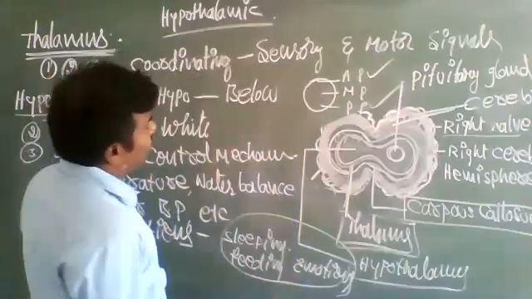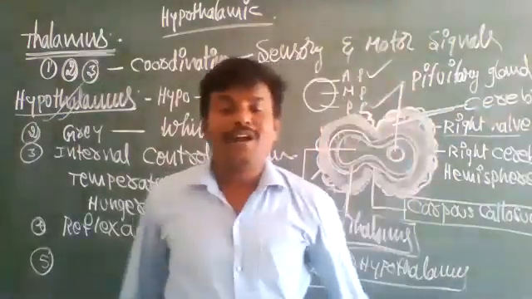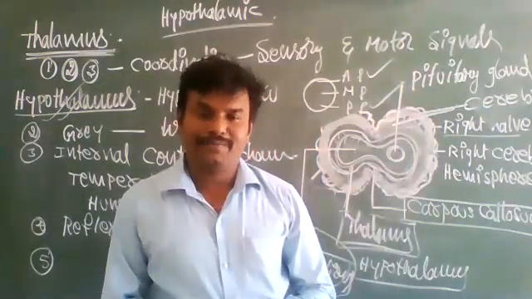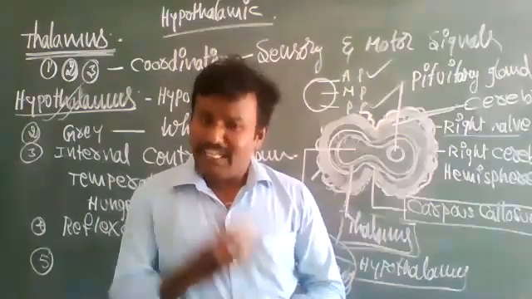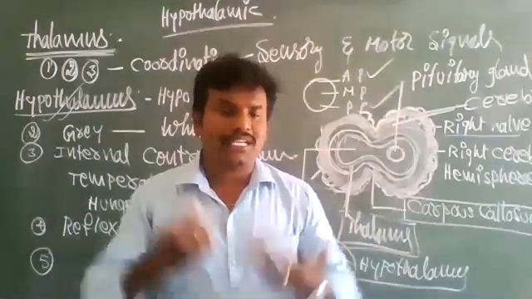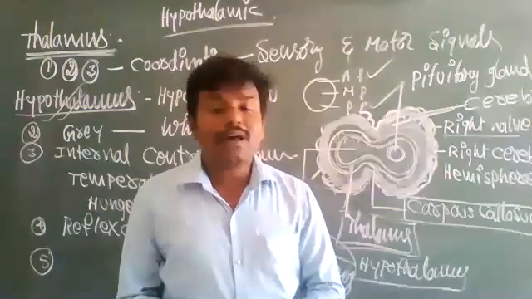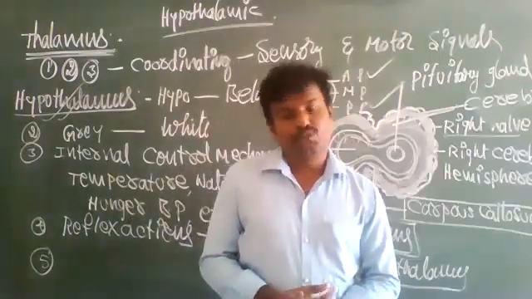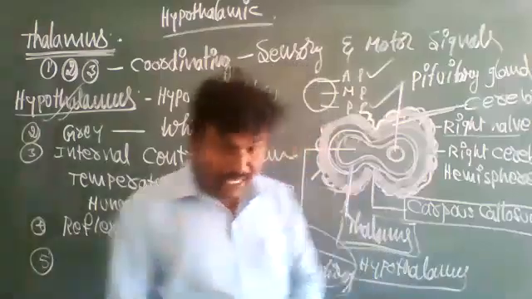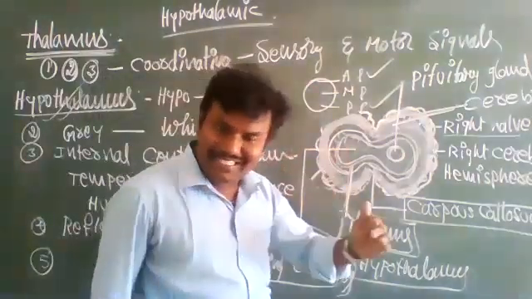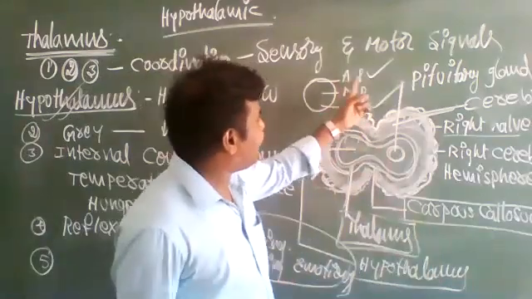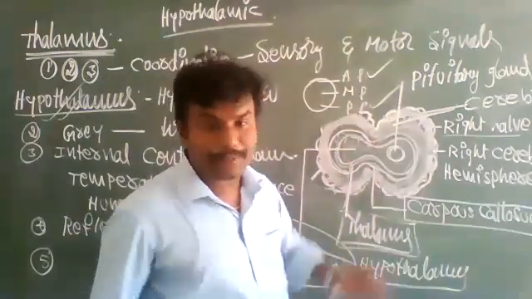If this is not there, these secretions will go beyond sufficient level. Then we will face a hormonal imbalance. If hormonal imbalance comes, various kinds of abnormal conditions will be faced in our body.